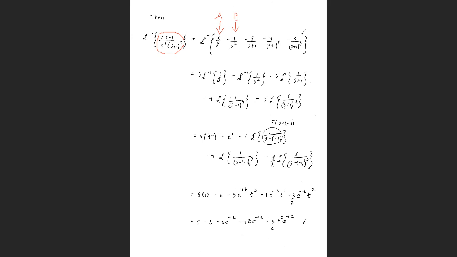A equals 5, B equals negative 1, right? Let me double check that. Beautiful, this stuff, I'm telling you. A equals 5, B equals negative 1, C equals negative 5, D equals negative 4, and E equals negative 3.